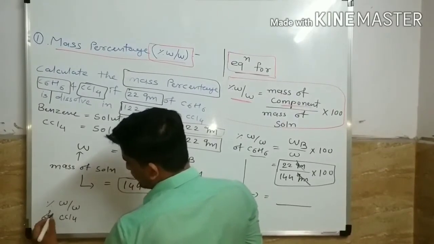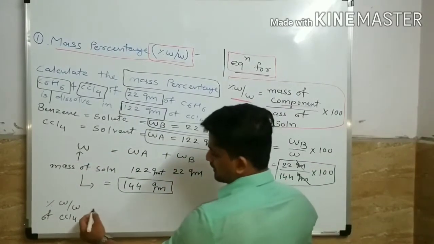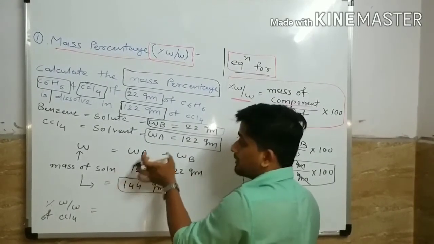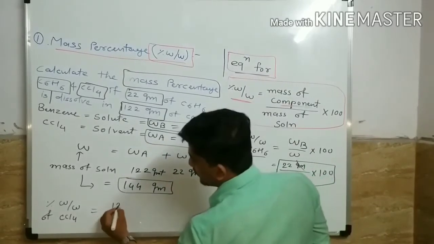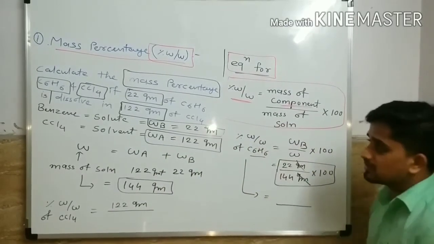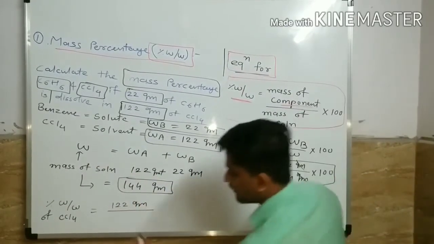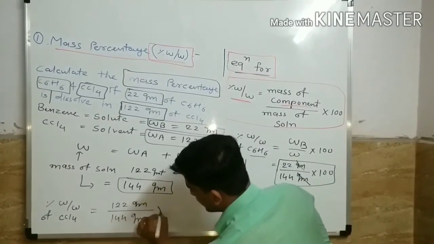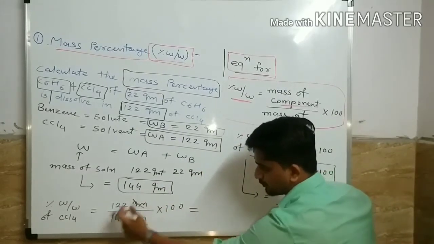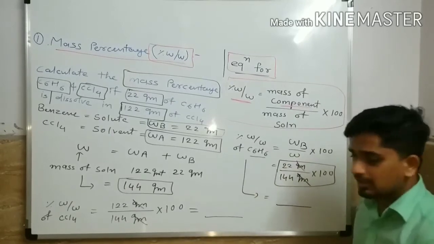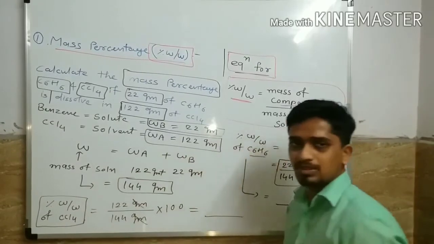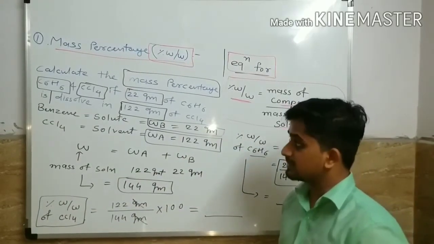So mass percentage of CCl4 is equal to mass of CCl4, which means mass of the solvent, and mass of the solvent is 122 gram, upon mass of the solution, and mass of the solution is 144 gram, into 100. Gram and gram cancel out each other. Calculate this. Whatever the answer, write it down here, and this answer is your percentage W by W of CCl4.